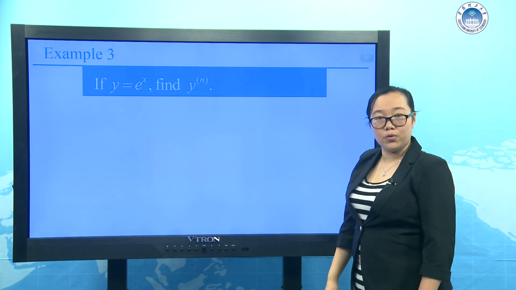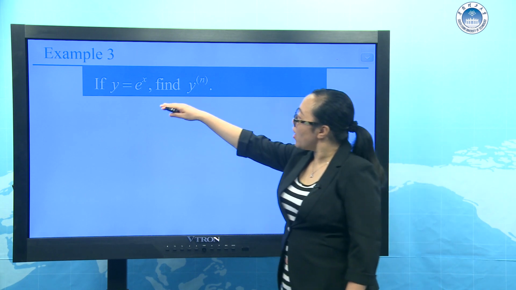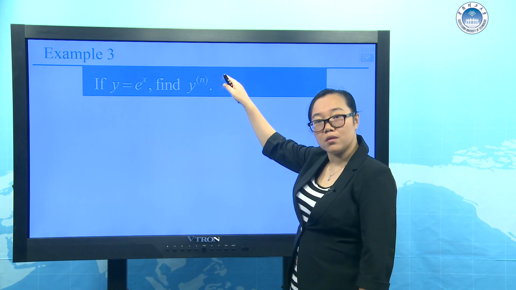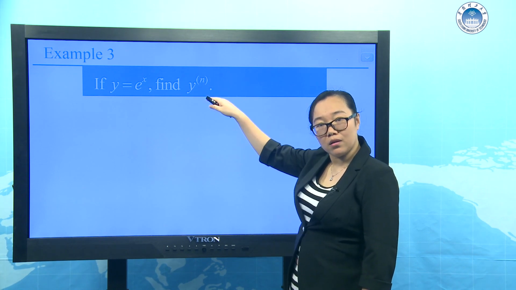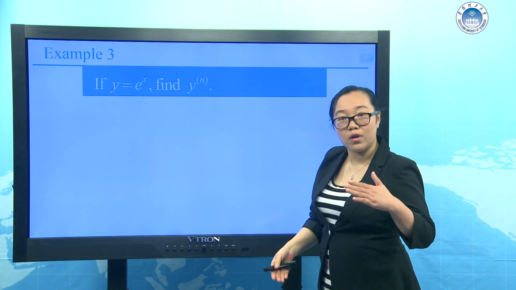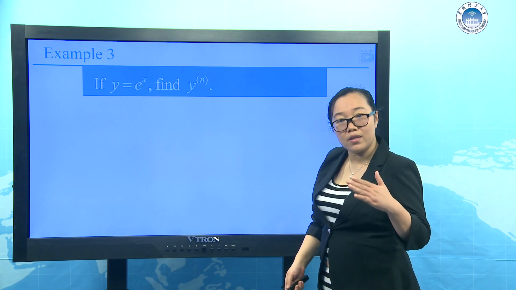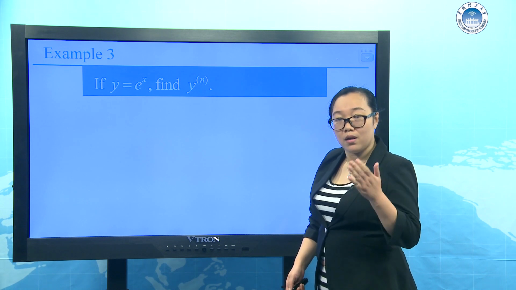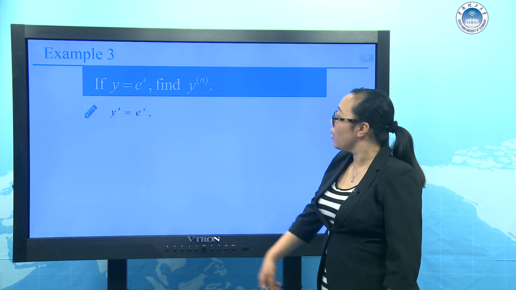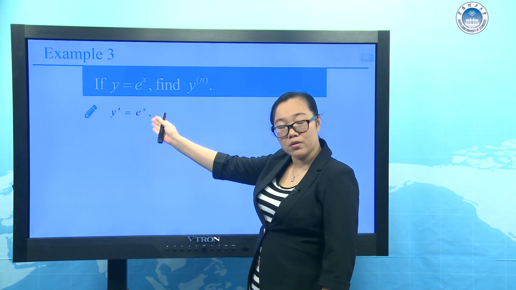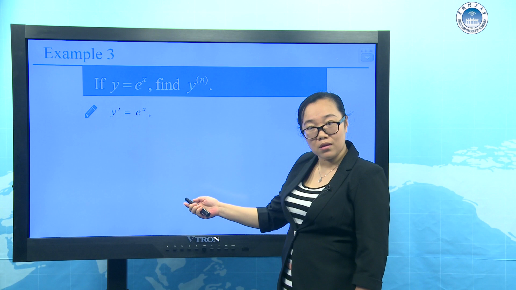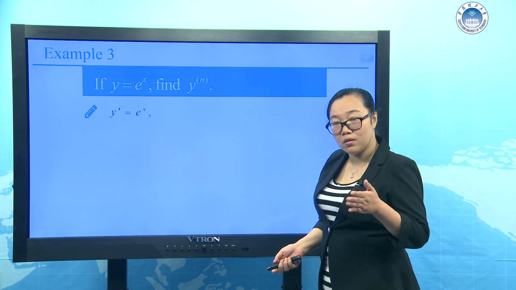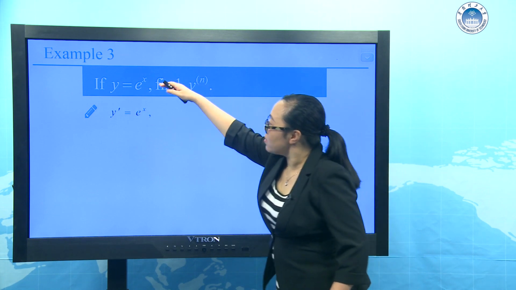Now look at example 3. If y equals e to the x power, try to find the nth derivative of y. Nth means the first derivative, second, third, until the nth derivative. How to get it? Step by step. Now look at the question. y prime equals itself, e^x. The function is special: the derivative function equals itself, it doesn't change.